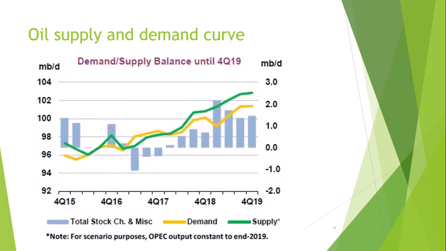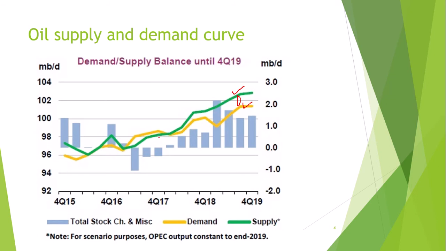Next, oil supply and demand curve. Here we can see that this green curve shows the supply, and this is the demand. When there is a gap between supply and demand, the prices also depend upon supply and demand.